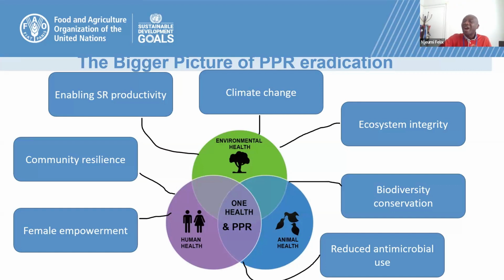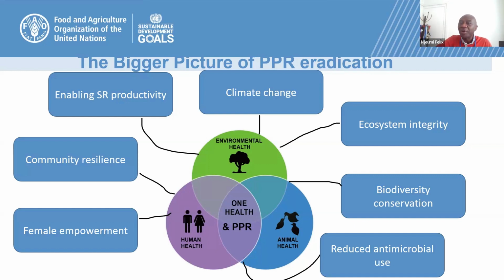As I was saying, how are we able to make sure that by eradicating PPR, the production will increase? It means that there's more meat, there's more milk for children, and meat for all of us, and then even more business or more income. Then the climate. We know that of all the species that we have, small ruminants are the ones contributing least to climate change.